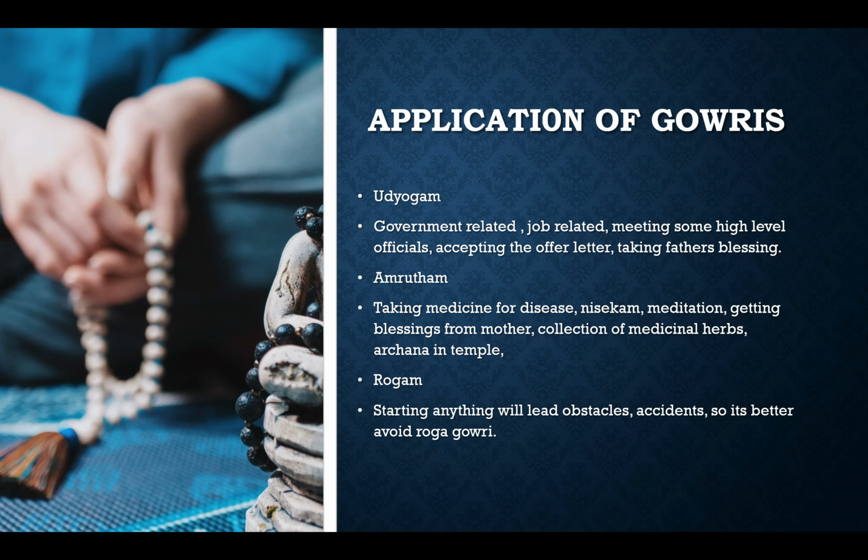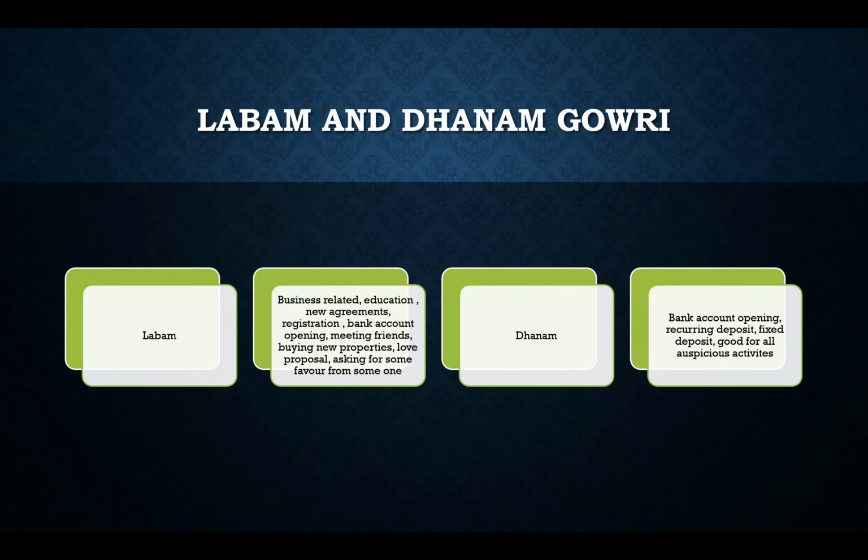Understand? Such a thing also should be noticed. And if you're taking any medicine during Roga Gauri, definitely that will give side effects, or doing a surgery may lead to another complication. Understand? So this Roga Gauri should be carefully observed.